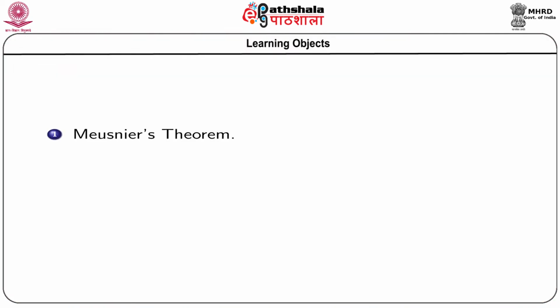Let us start our first theorem, that is Meusnier's theorem. Meusnier in 1785 published a paper where he has given this theorem.